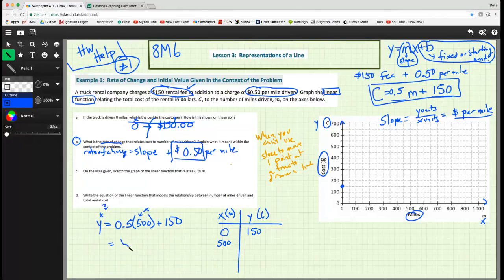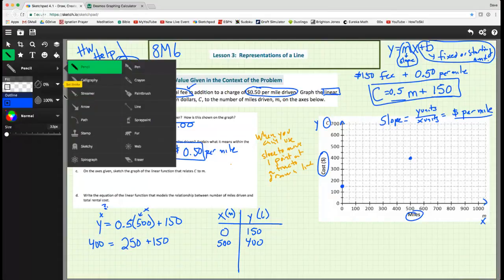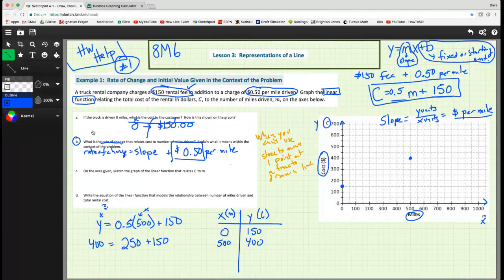Well, 0.5 of 500 is 250 plus 150, and so that's 400. So y is 400. So if we drive 500 miles, it's going to cost us $400. And we know this is linear because the problem tells us it's a linear function. So now we can go ahead and make our line.